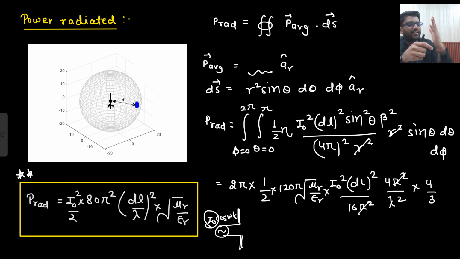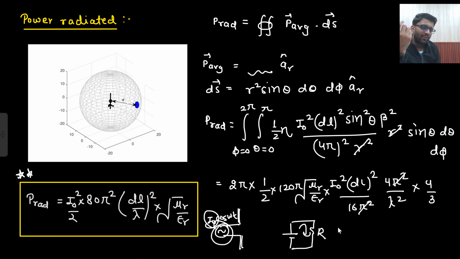Now, if the antenna is radiating some power, that means this power should be coming from this source only, no? If you remember simple network circuits, I square R is the power that is dissipated across this resistor.